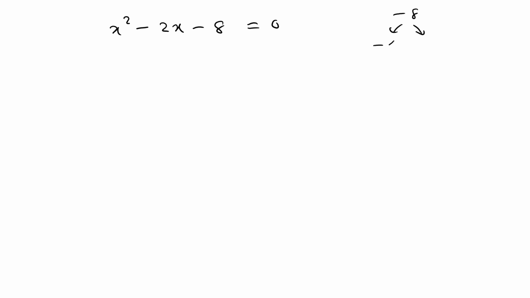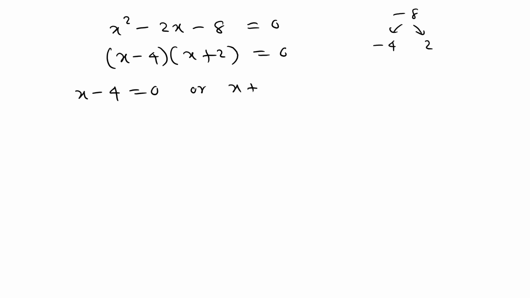That means the numbers are negative 4 and 2. So the factoring is x minus 4 and x plus 2. Equating each factor equal to 0: x minus 4 equals 0, or x plus 2 equals 0. So x equals 4 or x equals negative 2. Those are the two solutions.